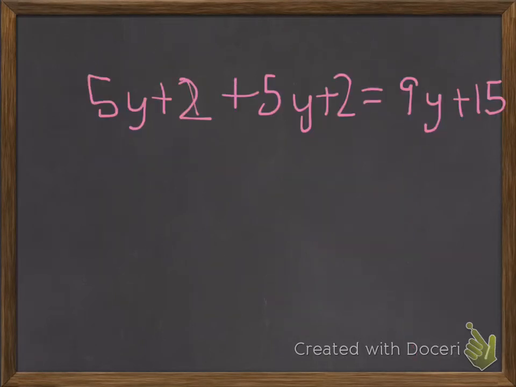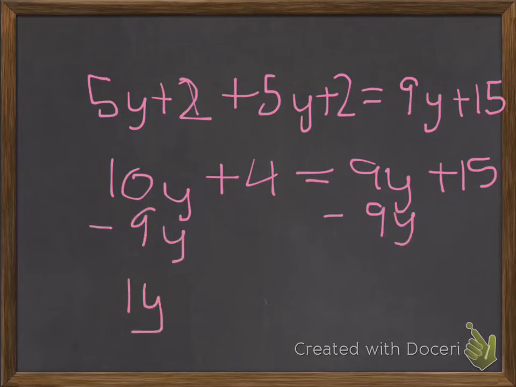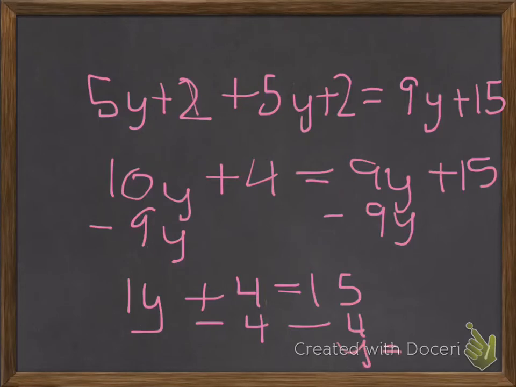To solve for y, we need to combine like terms, and then continue to combine like terms. And now we need to get the y by itself. So y would be 11.